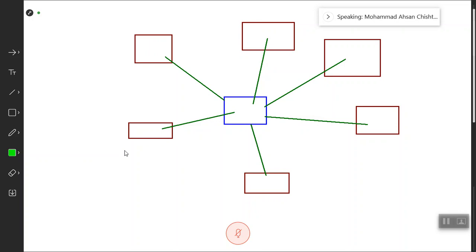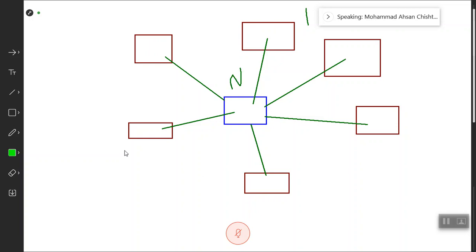The network is formed by a central host. You call that a central hub, which is denoted by this blue colored rectangle. And to it different nodes are connected. Each node here forms a point-to-point connection, like I just now mentioned. So between this hub in the center and the node here, let's say node number 1, there is a point-to-point connection.